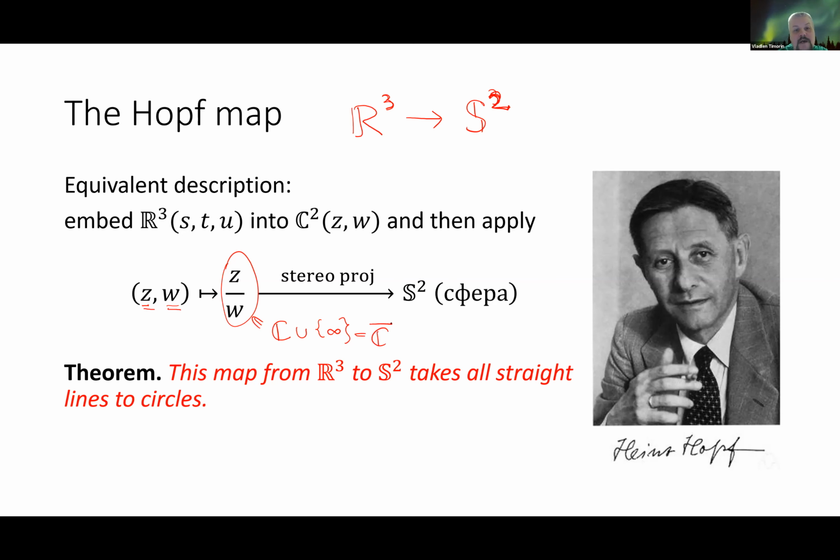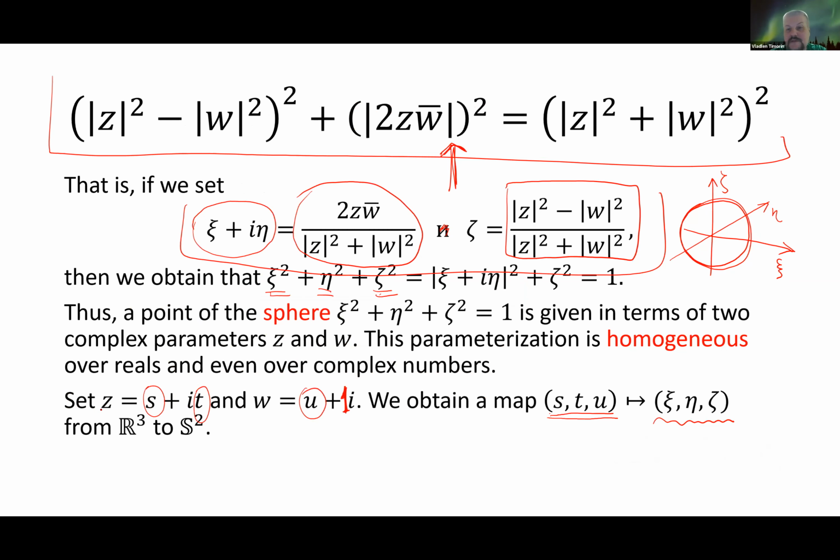And then a stereographic projection will give a correspondence between this extended plane of complex numbers and the two sphere. So this is an alternative description of the same map, and it's easier in terms of formulas. Moreover, you can see that everything depends on the ratio, which was kind of implicit in the previous description.